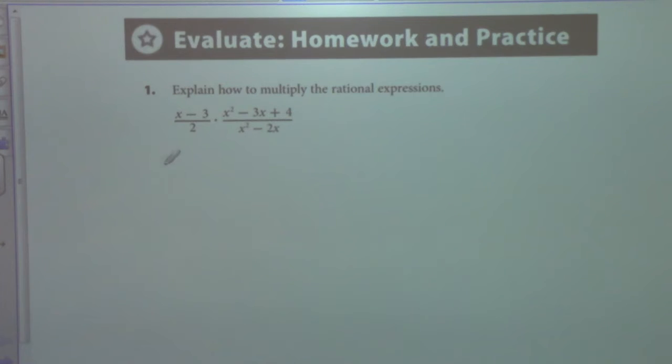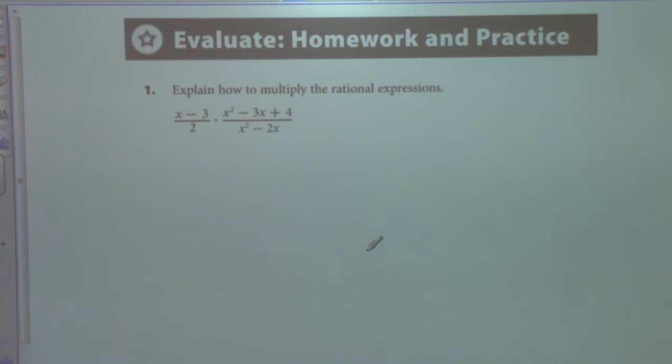Okay. Explain how to multiply the rational expressions. Number one. How do we multiply these rational expressions? You have to get the GCF, the greatest common factor.